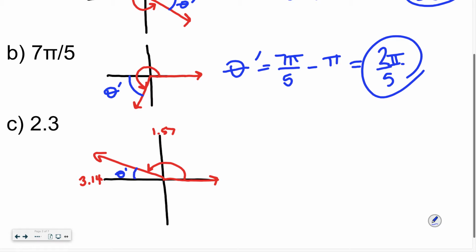So to get that reference angle, we're going to have to take pi minus 2.3. Help me out. What is 3.14 minus 2.3?